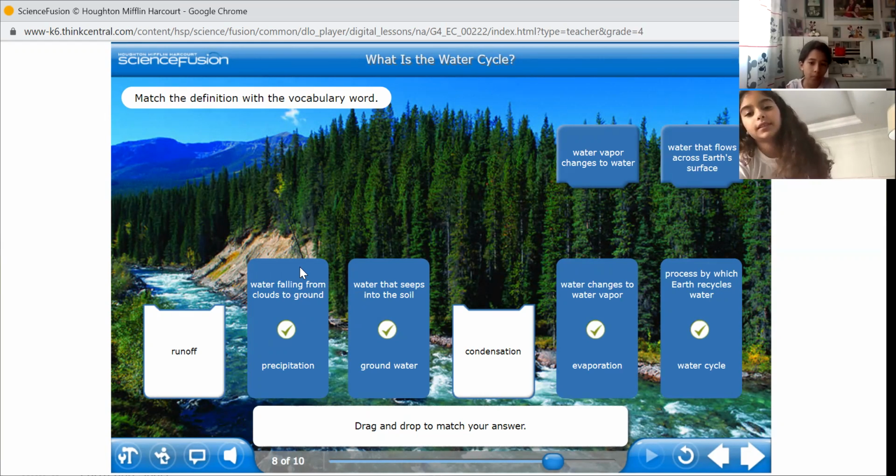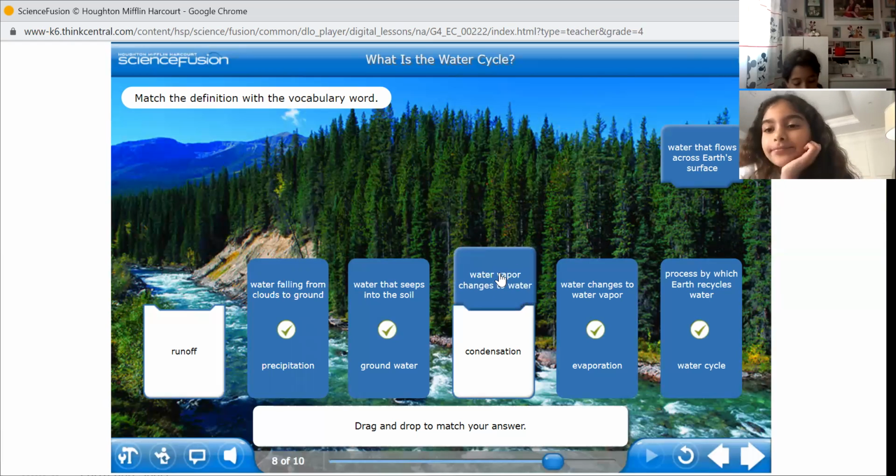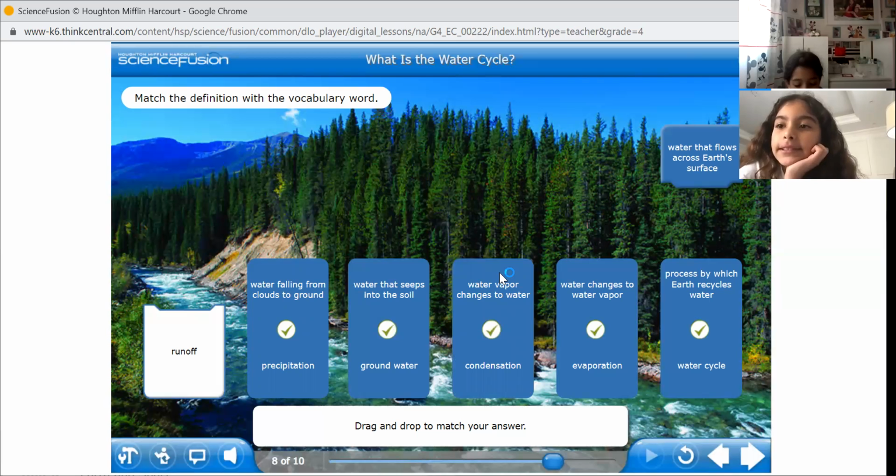Excellent. What about water vapor changes to water? Runoff. No, of course not. Condensation. Yes, you are guessing, Liana. You have to think about it. When water vapor changes to water, it condenses, just like the window, just like the cup, just like making the clouds.